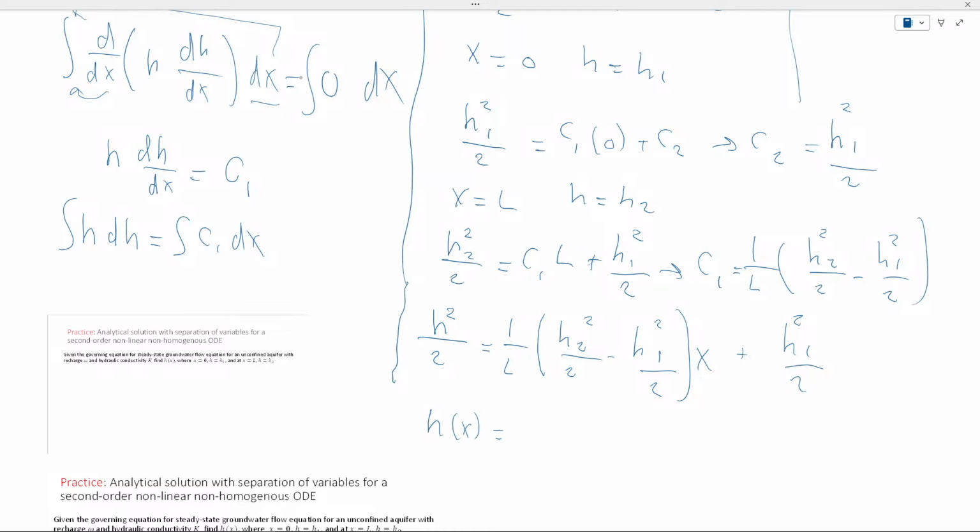I can bring this 2 here and simplify what is inside. That's equal to the square root of x over L times h2 squared minus h1 squared, which are my boundary conditions, plus h1 squared. Yeah. So now I have an equation that represents h as a function of x.